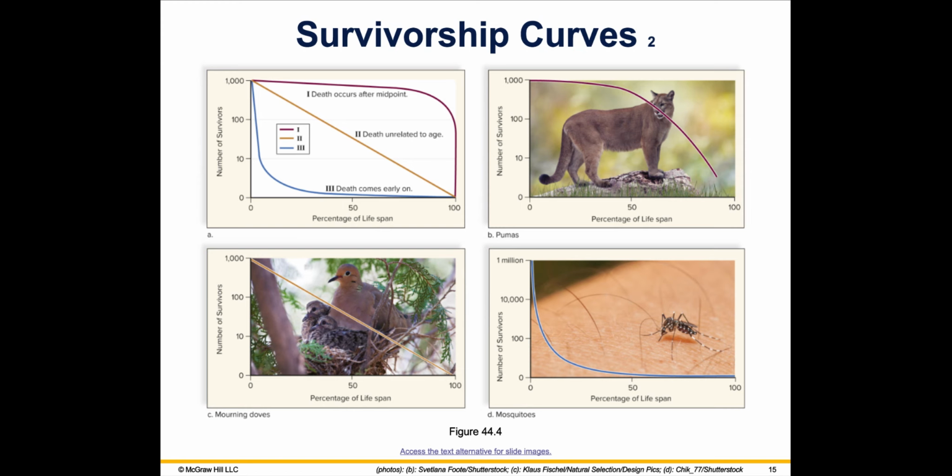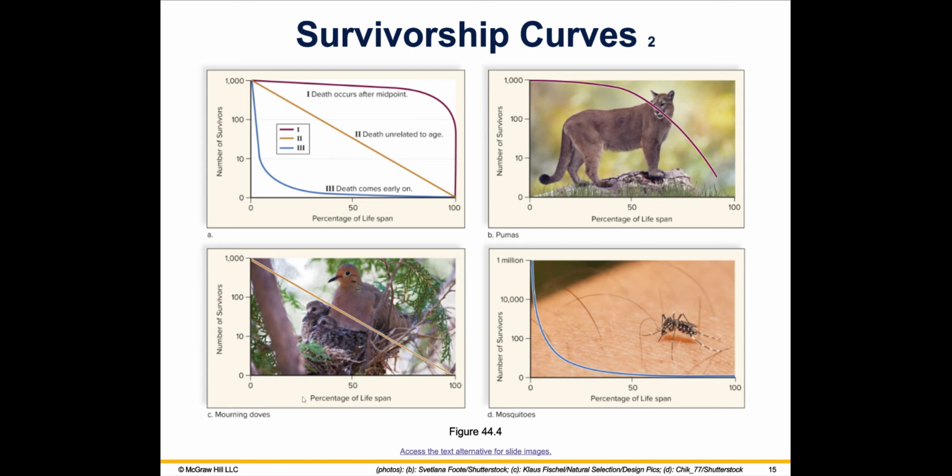So let's take a look at, again, what does that look like? We've got a type 1 survivorship curve. That's that if you're born, you're going to make it to the midpoint of your life, and then death occurs after. That's even something like a mountain lion. They'll have their baby cubs, they'll survive, and then death happens at old age.